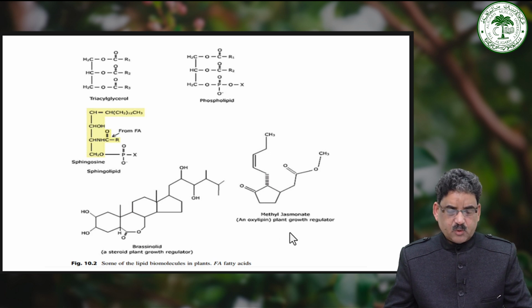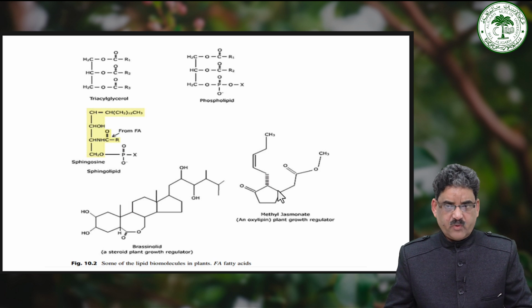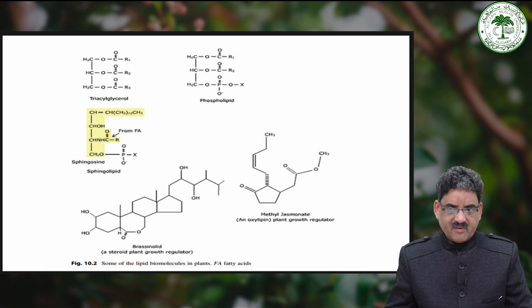The methyl jasmonate, which is also part of the jasmonate group, is derived from linolenic acid, and jasmonates also act as plant hormones which regulate plant development, besides being involved in plant defense against insect herbivores, animals, and many fungal plant pathogens.